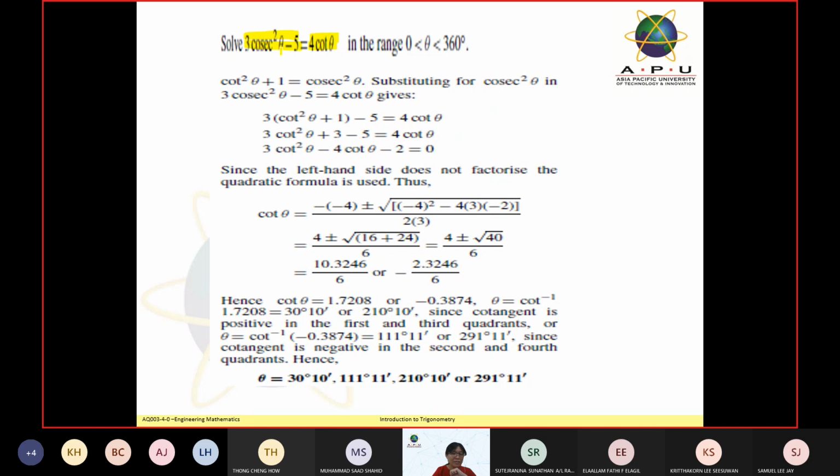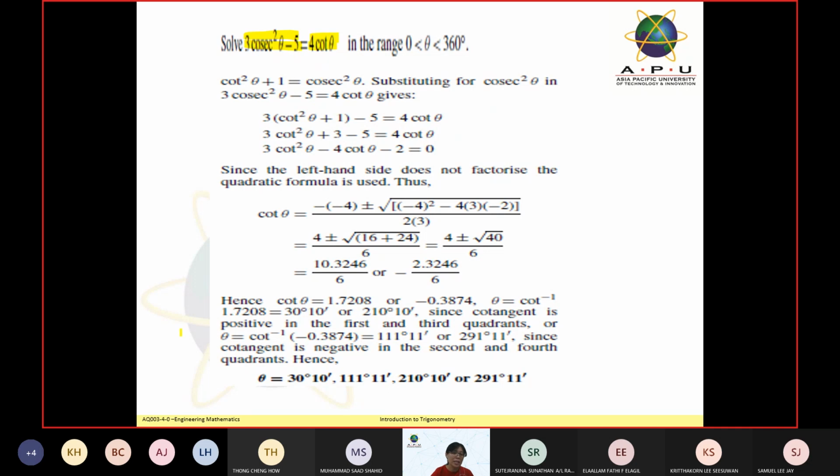We can't factorize this because we have a cosecant and a cotangent. We should have everything in the same trigonometric function. If it's cosecant, the rest of the terms should also be in cosecant; if it's cotangent, it should be cotangent for both. So how are we going to solve this?